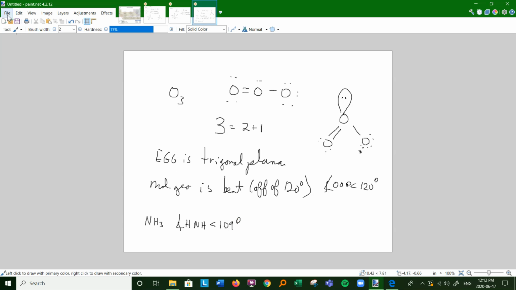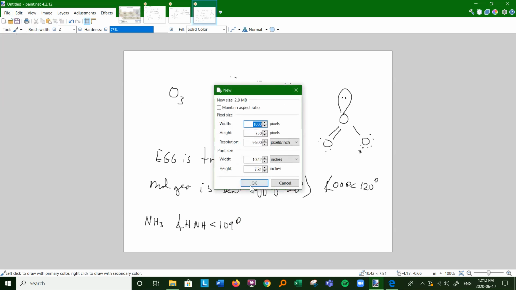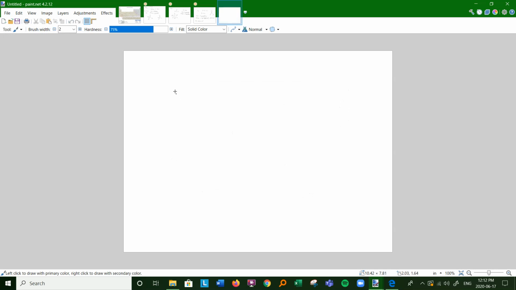Let's look at water. Okay, dihydrogen monoxide. You can draw the Lewis diagram of water as if it's linear, but you know it's not, because the number of electron groups, or number of VSEPR groups, the number of bond groups, which is 2, plus the number of lone pairs on the central atom, is a total of 4.